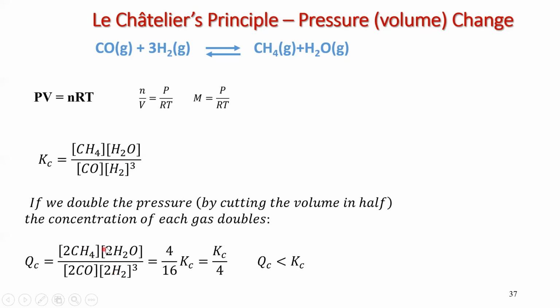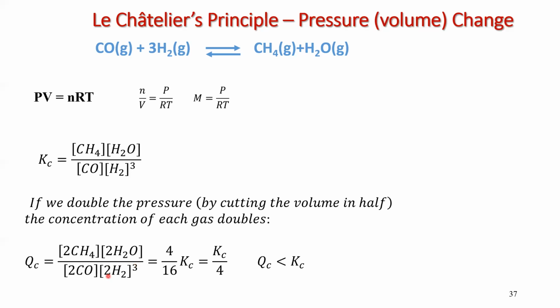But when we look at this Q expression now, because we're no longer at equilibrium, we've changed pressures, we're doubling CH4 and we're doubling H2O. So we're really multiplying the products by 4. But when we look at the reactants, we're doubling the carbon monoxide, but we're actually changing the concentration of hydrogen.